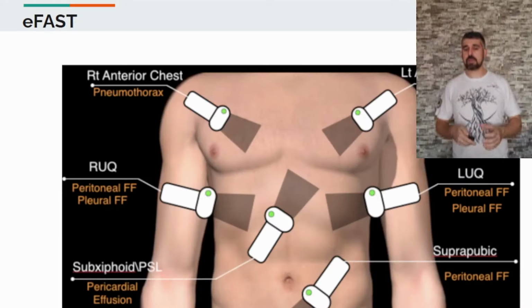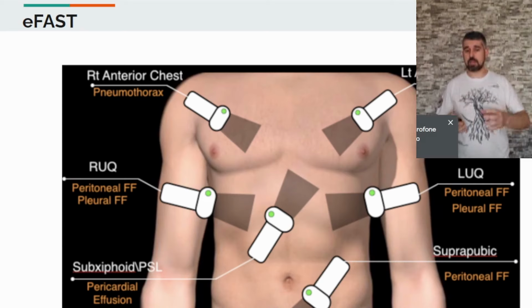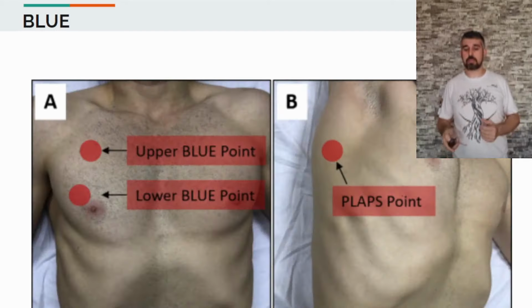So the EFAST is the most well-known ultrasound protocol for trauma. We have these views. Some people call this the EFAST because we are doing the lung ultrasound. So we are looking for signs of pneumothorax, also for free fluid in the belly and signs of cardiac tamponade.